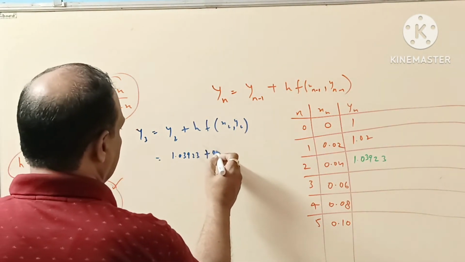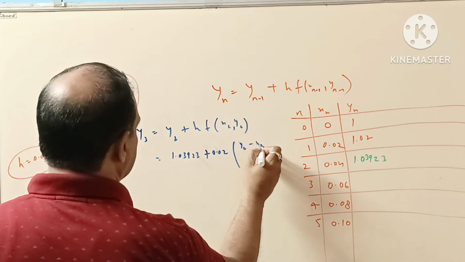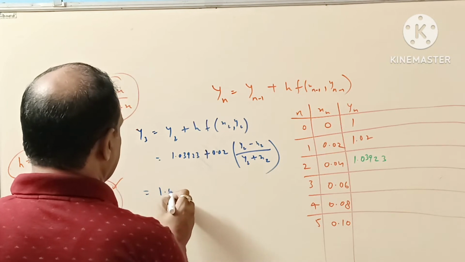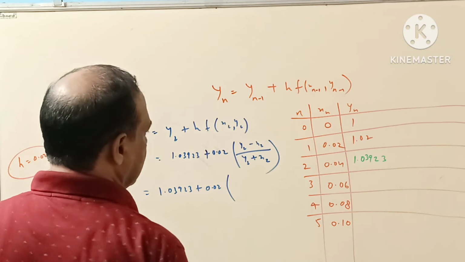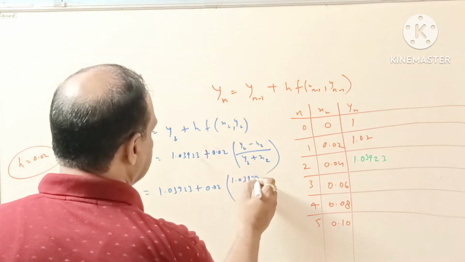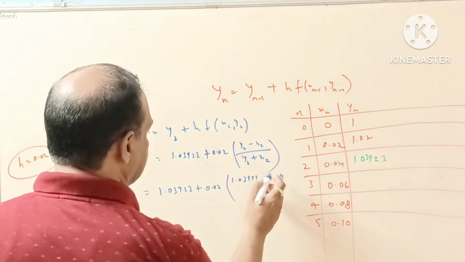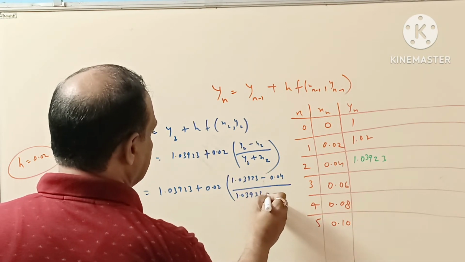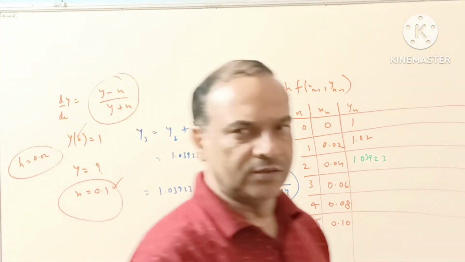Now this is plus 0.02 times (y2 minus x2) over (y2 plus x2). Furthermore, it will give me 1.03923 plus 0.02 times the numerator 1.03923 minus 0.04, and in the denominator you are having 1.03923 plus 0.04. This is the whole thing which you have to write down.